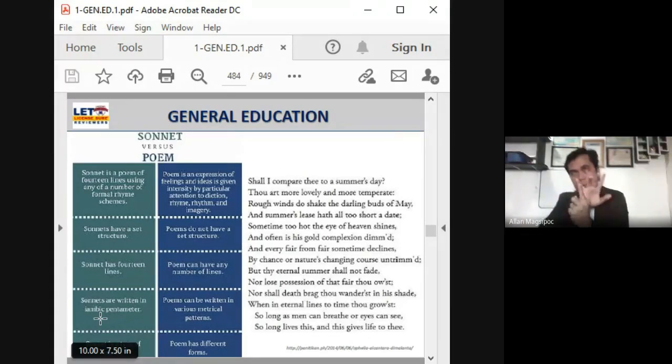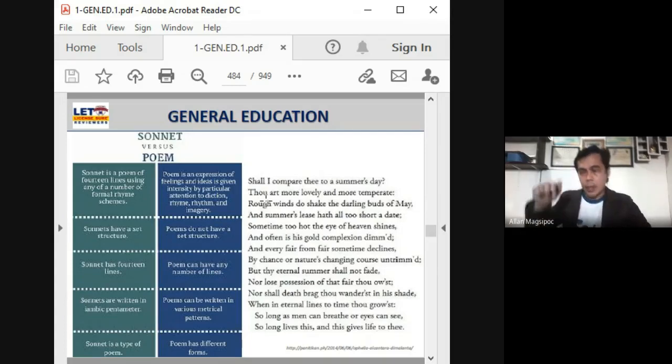For example, look at this poem beside the table. Shall I compare thee to a summer's day? This is from Shakespeare's sonnet. I forgot the number, basta kay Shakespeare ito. How do we read this? Shall I. Yan ang isang iamb. Baba, taas.